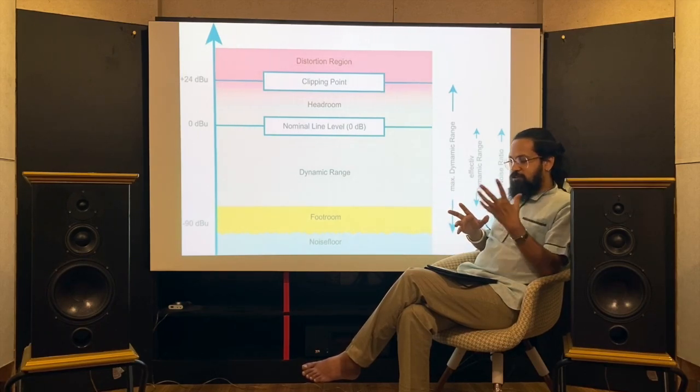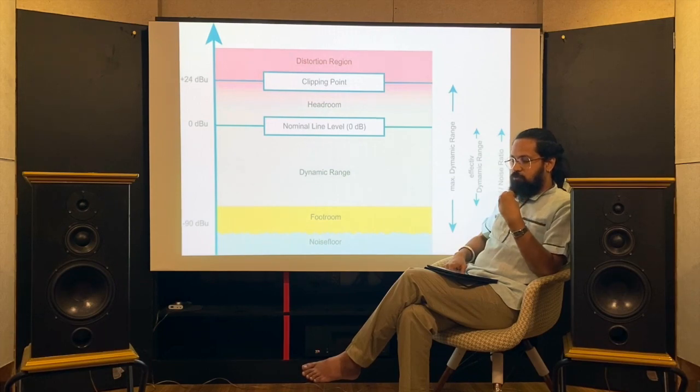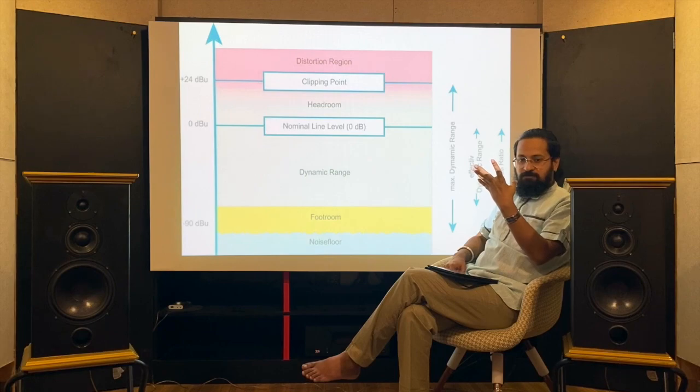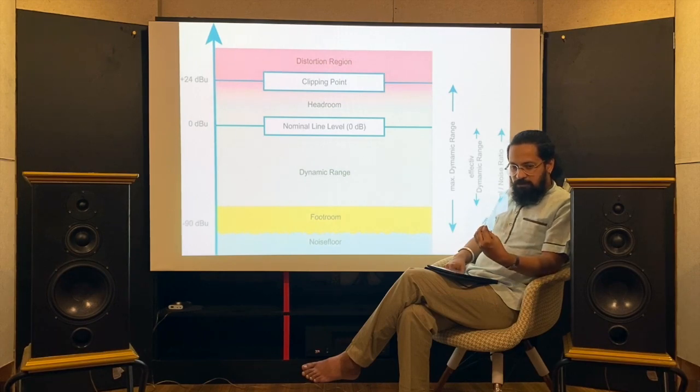You must have watched certain songs, okay? In certain songs, what happens? The singer is singing very smooth and mellow, and all of a sudden he shouts. The way he sings very smooth, he goes down in the volume, and his volume becomes very soft, like whispering.